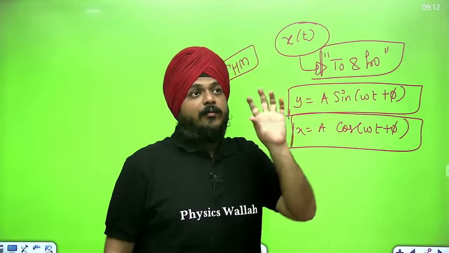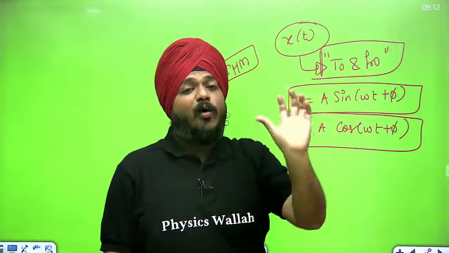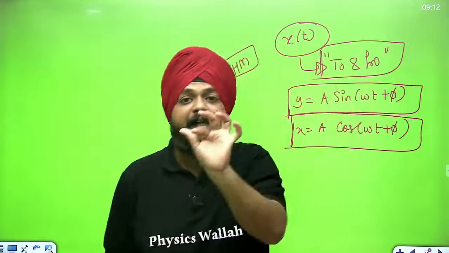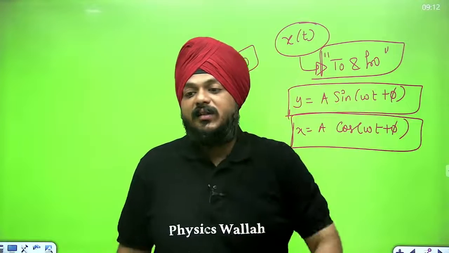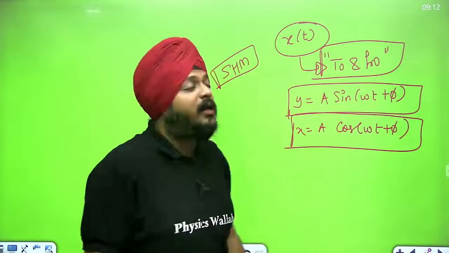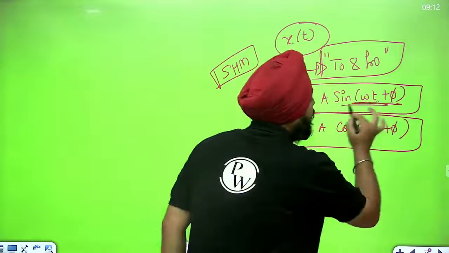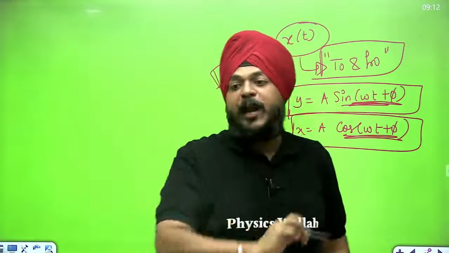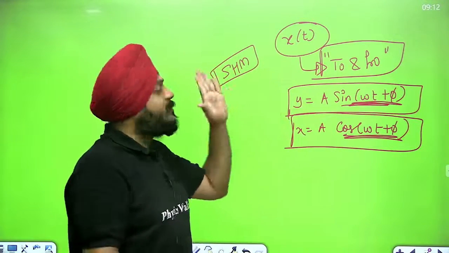It means we need a mathematical expression in which the values are repeated at regular time intervals. For that reason, sine and cos are taken as an expression to define the SHM.